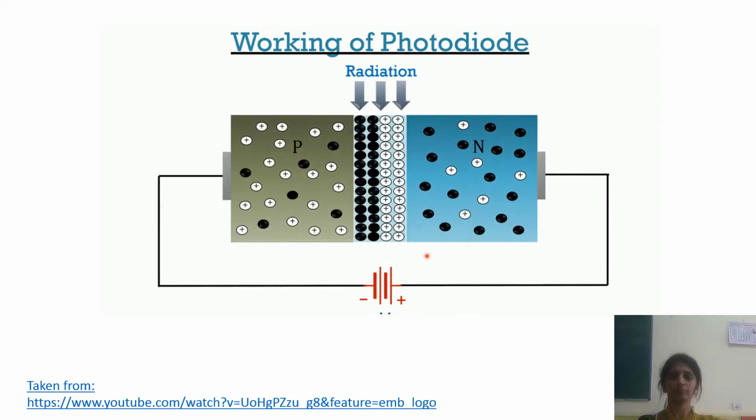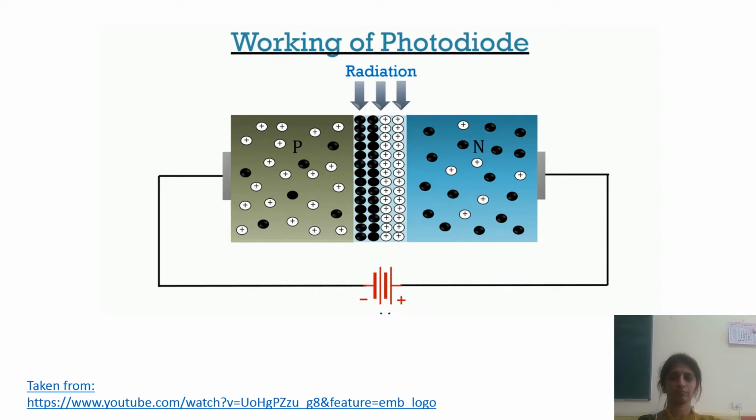As I have already discussed in my previous video on the diode, when reverse bias potential is applied to a diode, only minority current will flow through the device, and this current is known as reverse current. Initially, when the junction is not exposed to any type of radiation, only minority current flows through the device, and this current is known as dark current.